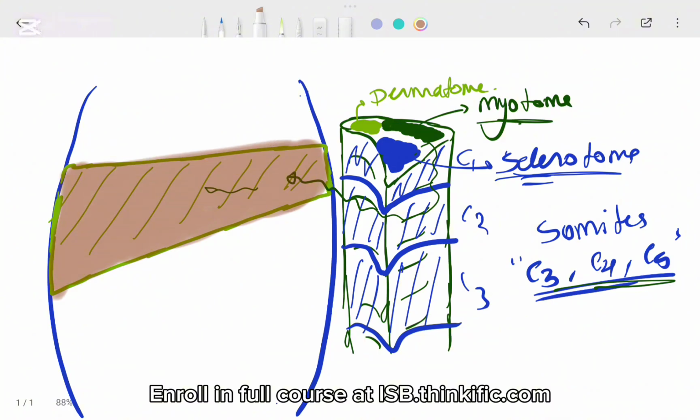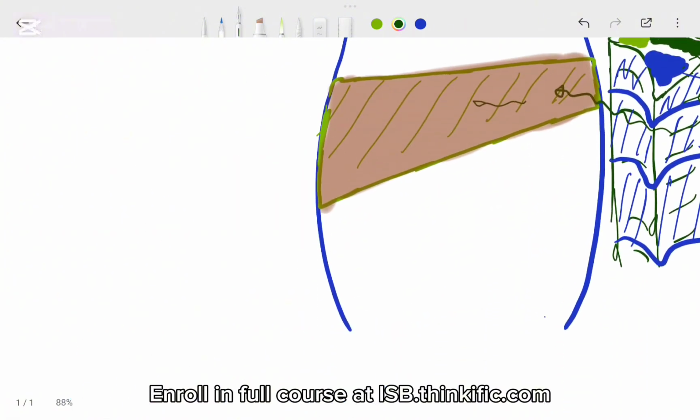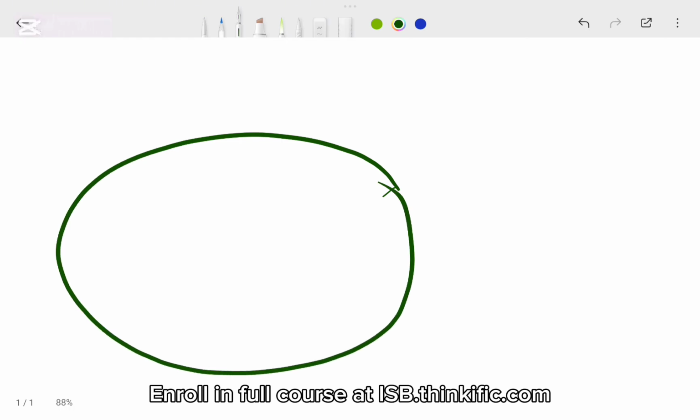Is that right? And to give you a better idea, I'm going to give you a superior view. Okay, this is the body cavity. The septum transversum does not cover this entire opening. What happens is that posteriorly here is the dorsal mesentery of the foregut, which hangs the future esophagus here and connects it to the back wall of the body.